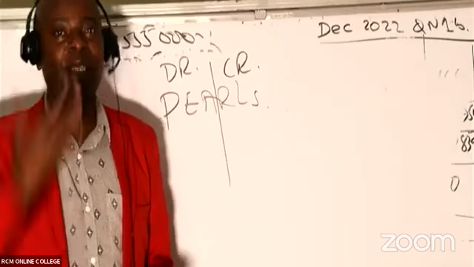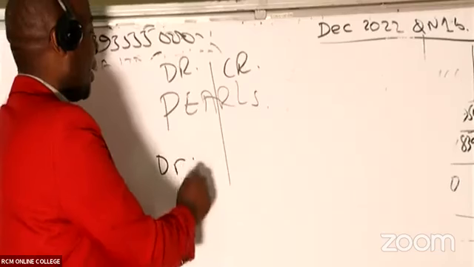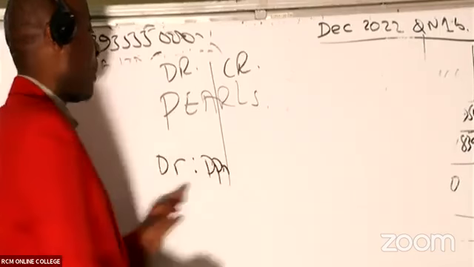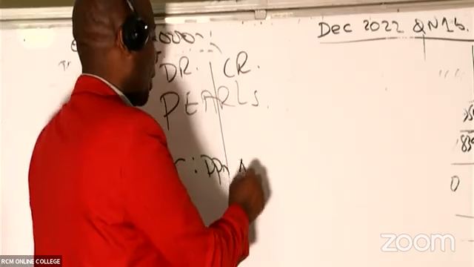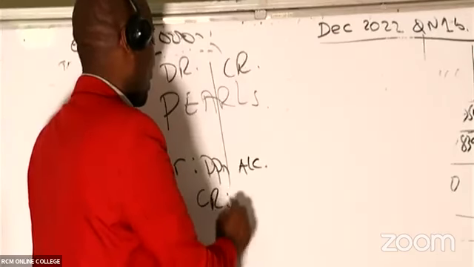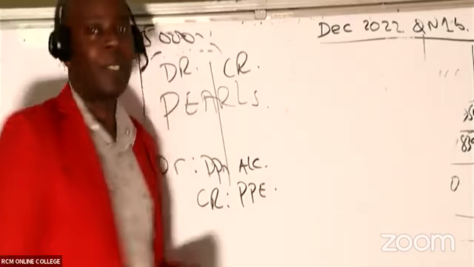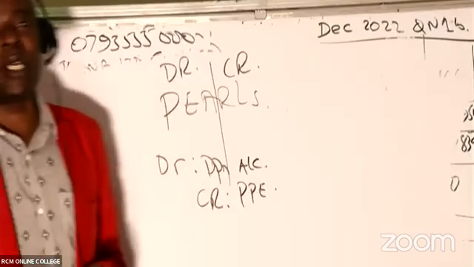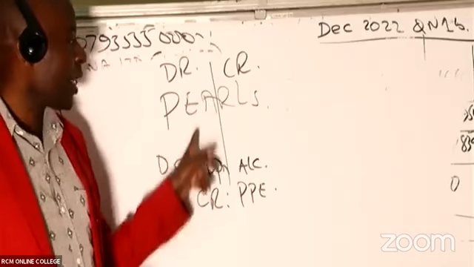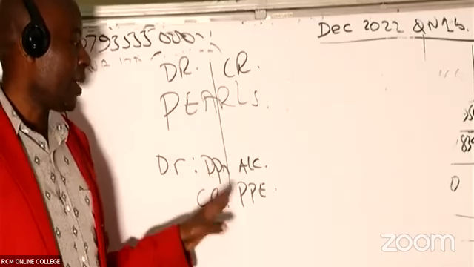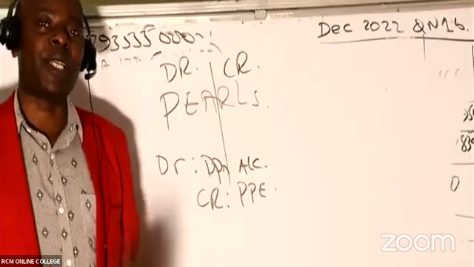Or if I'm handling them for individual assets, I'll debit depreciation. I'll open an expense account called depreciation, a ledger called depreciation, and then I credit the specific property, plant, and equipment, the specific item, if it's motor vehicle. Because expenses are debited, and the asset is going down because of depreciation, we credit it.